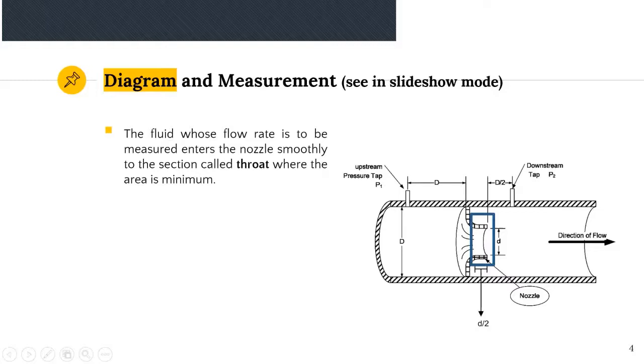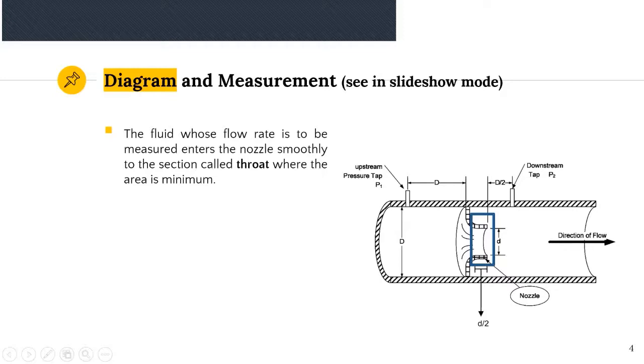That's for the orifice, while for the Venturi you have a very gradual cone. While in the flow nozzle, you have a nozzle here.